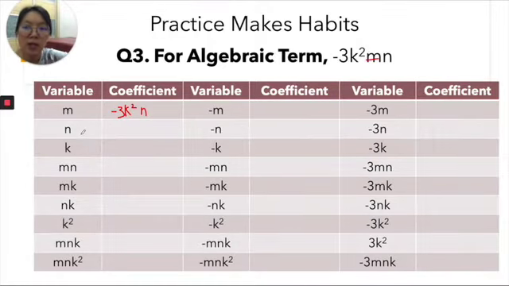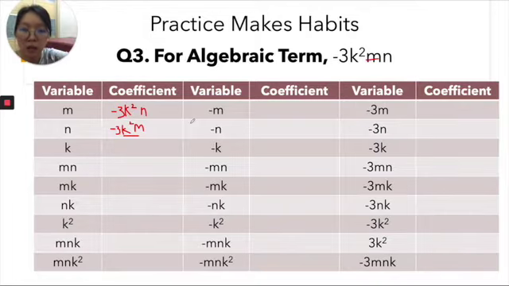Similarly, let's try if my variable n is taken out. What is my coefficient? If my n is taken out, negative 3k squared is still there, m is still there, n is cancelled off. So this will be my coefficient.